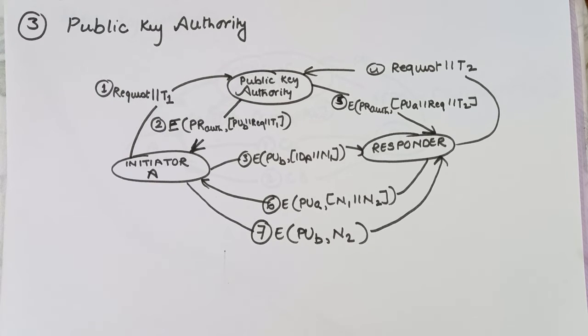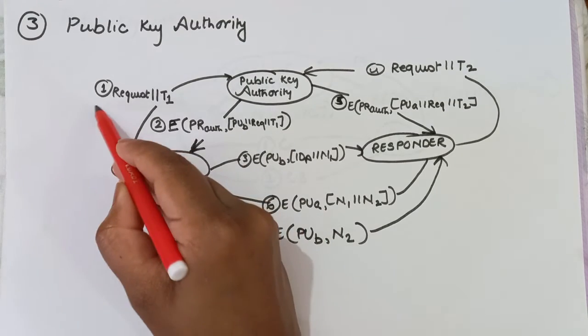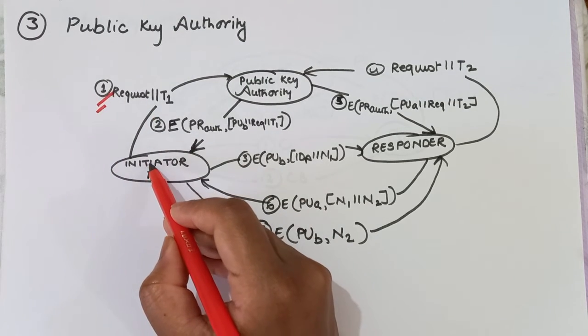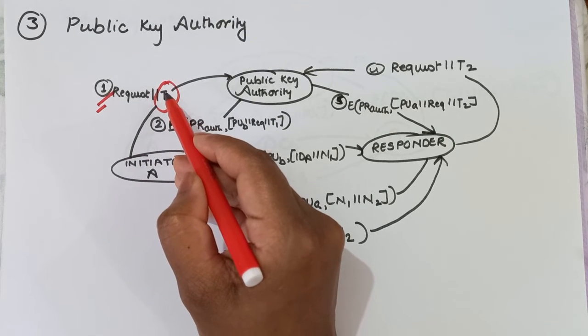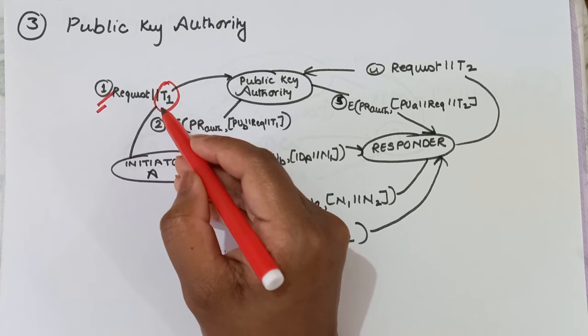In addition, each participant reliably knows the public key of the authority, with only the authority knowing the corresponding private key. The following steps explain this. At step 1, A will send a timestamp T1. A timestamp just tells the time of the message.